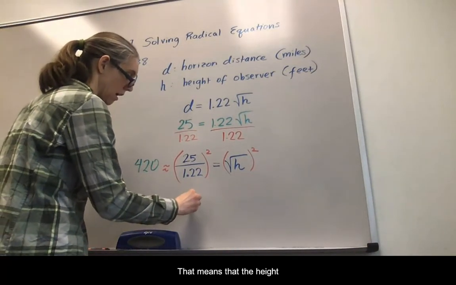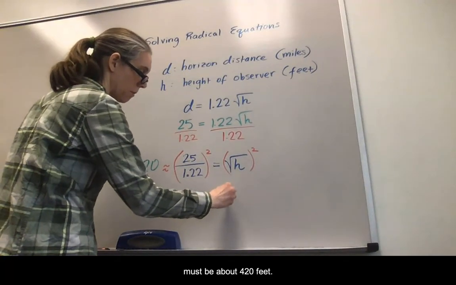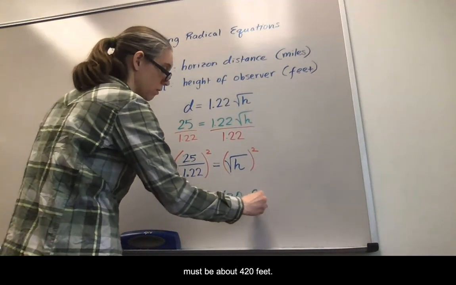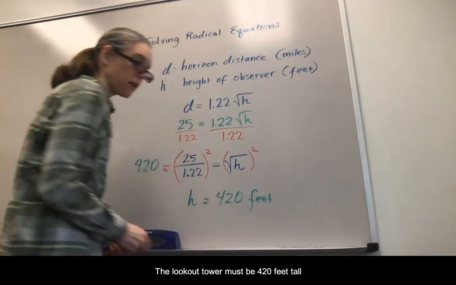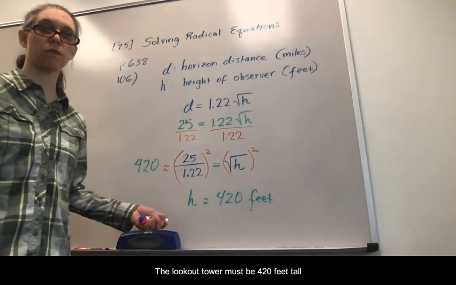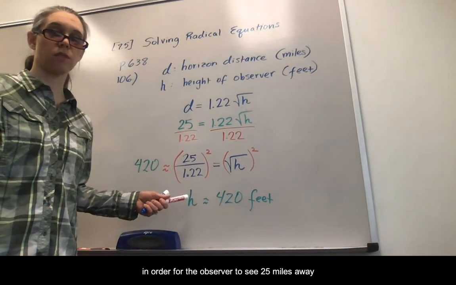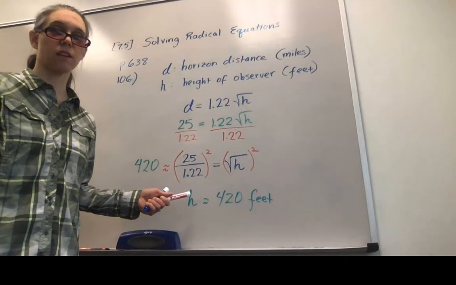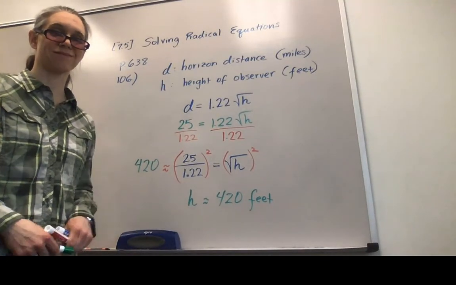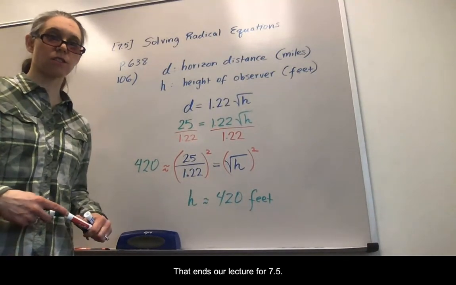That means that the height must be about 420 feet. The lookout tower must be 420 feet tall in order for the observer to see 25 miles away to the edge of the forest. That ends our lecture for 7.5.